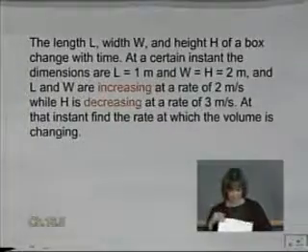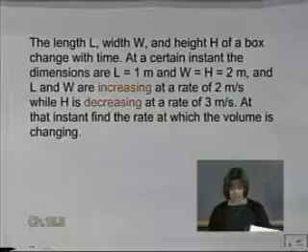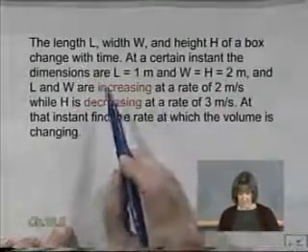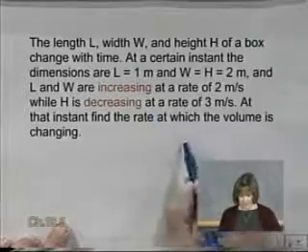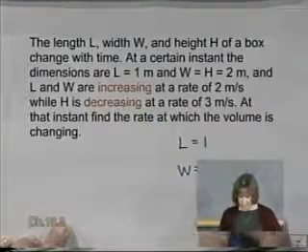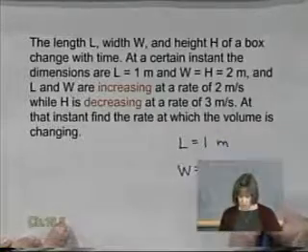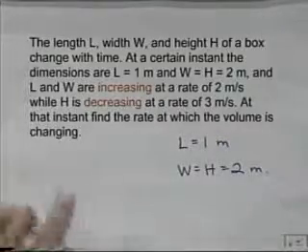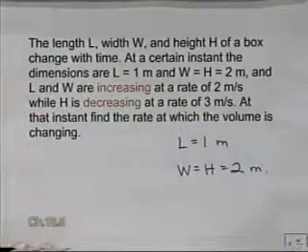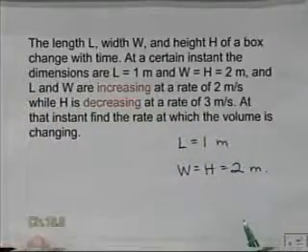The length, width, and height of a box change with time. At a certain instant, the dimensions are: length is 1, and width equals height equals 2. And the unit they're using is meters. And L and W are increasing at a rate of 2 meters per second. What are they giving us there?